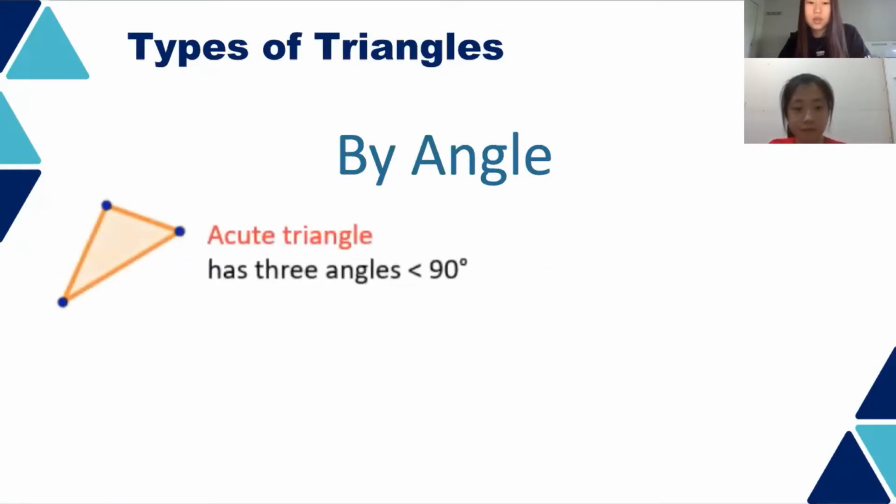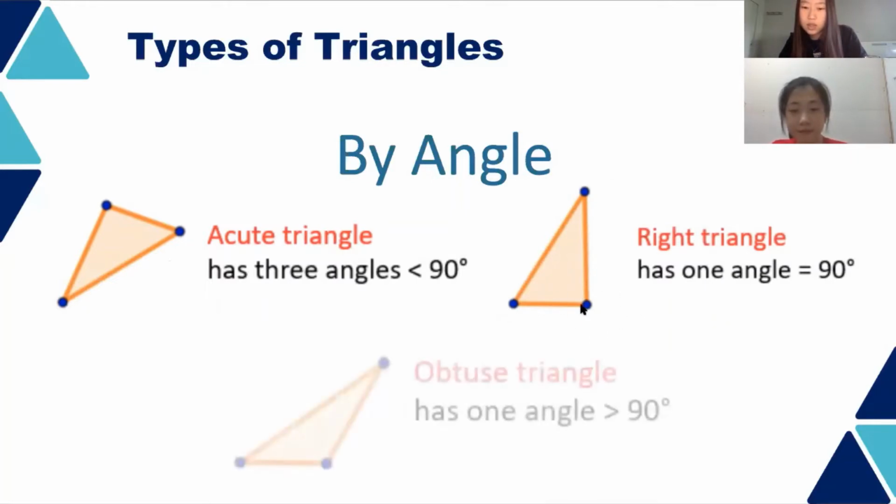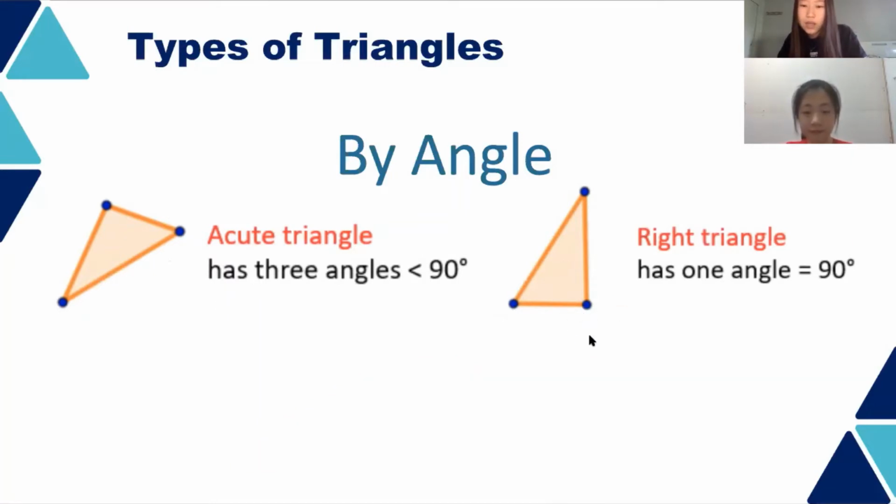The first one is the acute triangle, which has all 3 angles less than 90 degrees, which is a right angle. So none of them have a right angle. And this one is a right triangle, where this angle on the bottom right is a right angle.